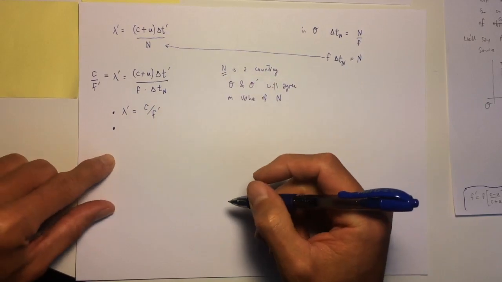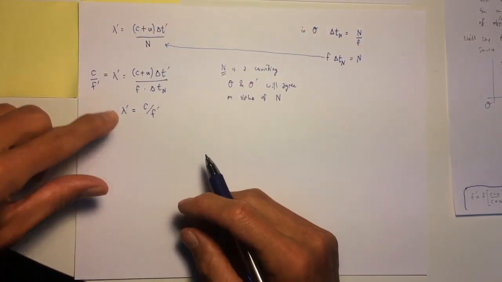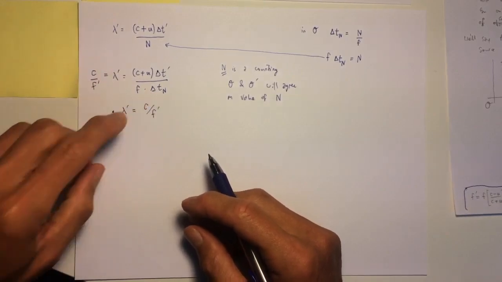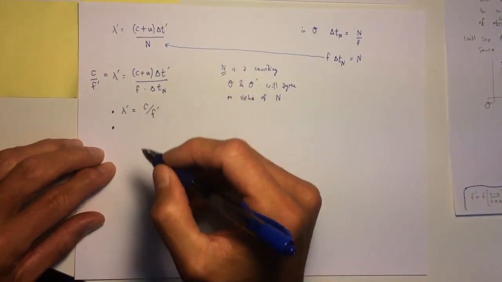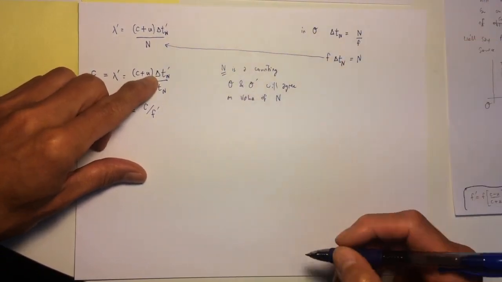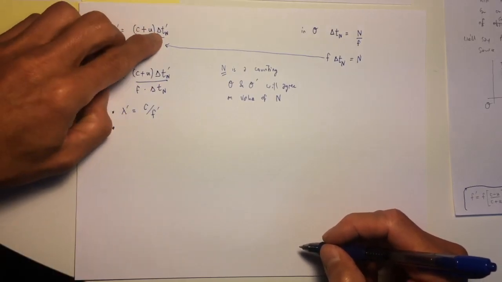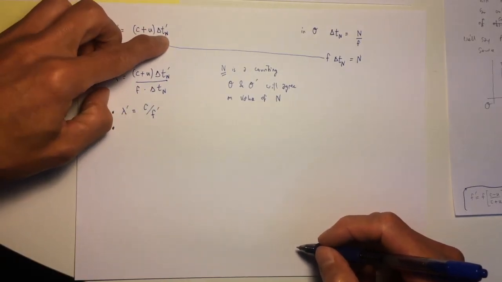Another thing of interest is actually the relationship between delta t sub n and delta t sub n prime. I've been forgetting the lowercase or the capital n's. This is the time interval associated with an n number of waves.